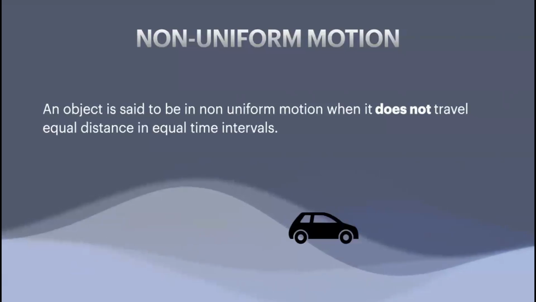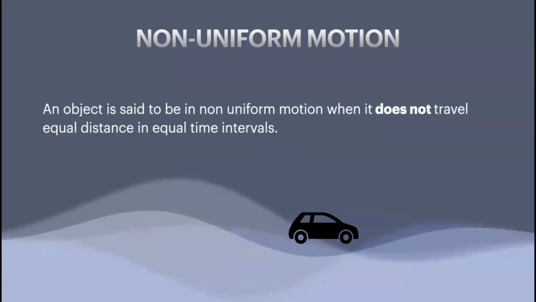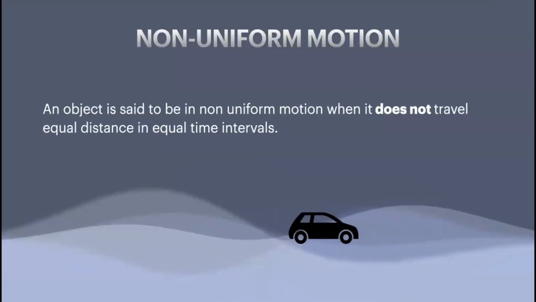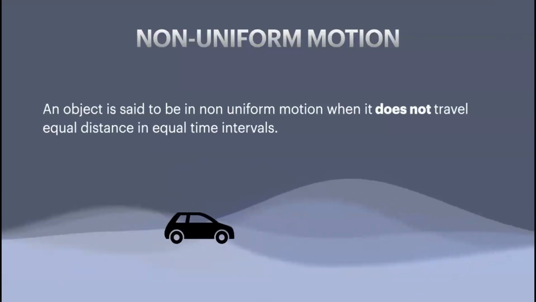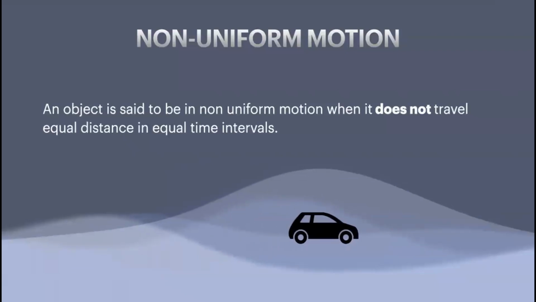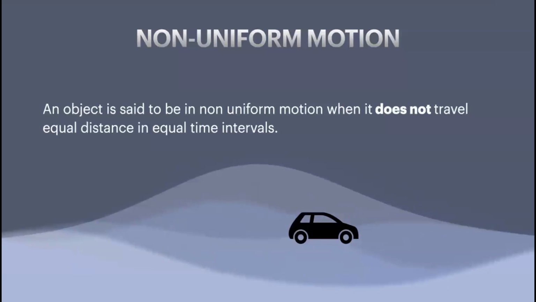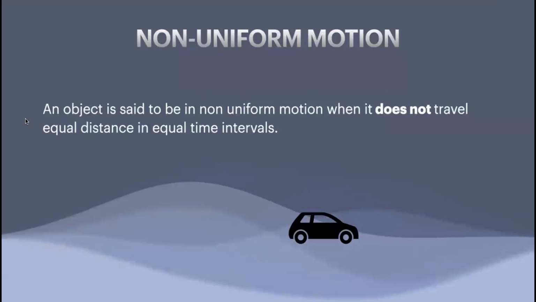So, what's happening is the first part of the distance, assume it traveled in t1 time. The next part, assume it traveled in t2 time. And the next part, if you assume it traveled in t3 time, then those times are not equal. Correct? If you want, I can show you that animation again. Whenever you get confused about what is non-uniform motion, just remember this animation in your head and you will not get any doubt.